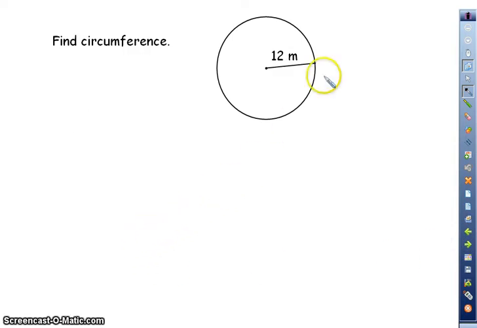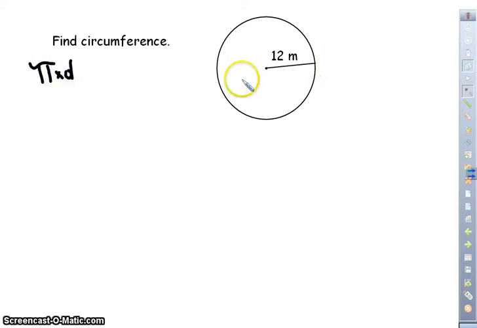Next problem. If you want to go ahead and do these, hit pause, and then come back and check your answer with what I get, that's probably the best way of approaching this. Circumference, you have 2 formulas. One is pi times the diameter, if they give you the diameter. If they don't give you the diameter, then it's 2 pi r, 2 times pi times whatever the radius is.